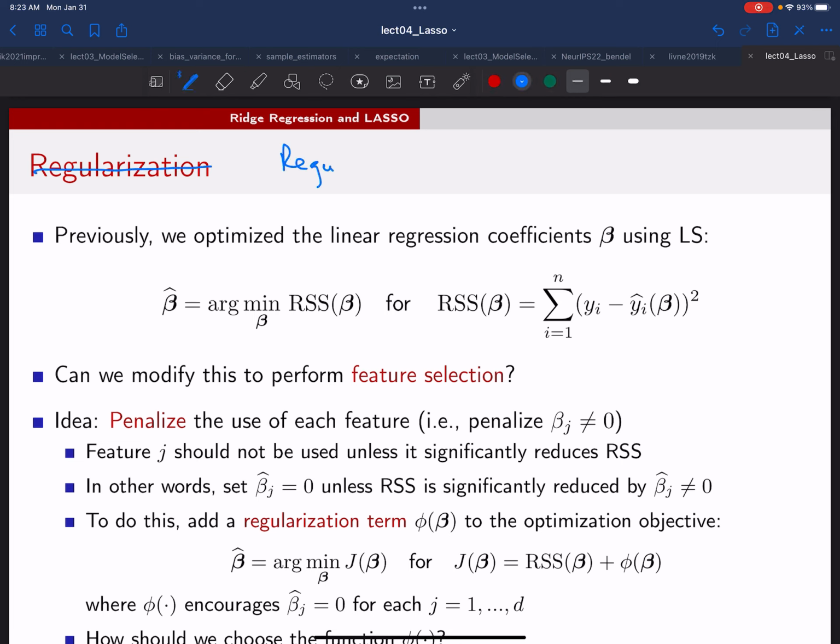Before we go any further, we have to come back to the idea that all of this falls apart unless the features are about the same size. When you look at these penalties, you notice that they treat all the different beta j's the same.